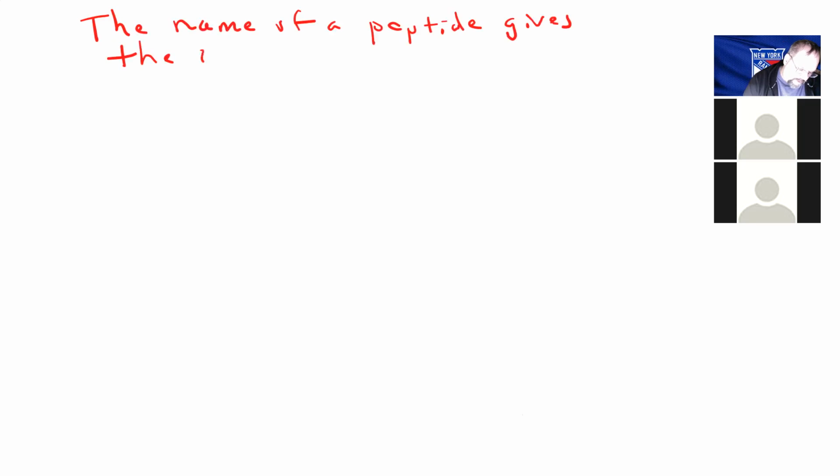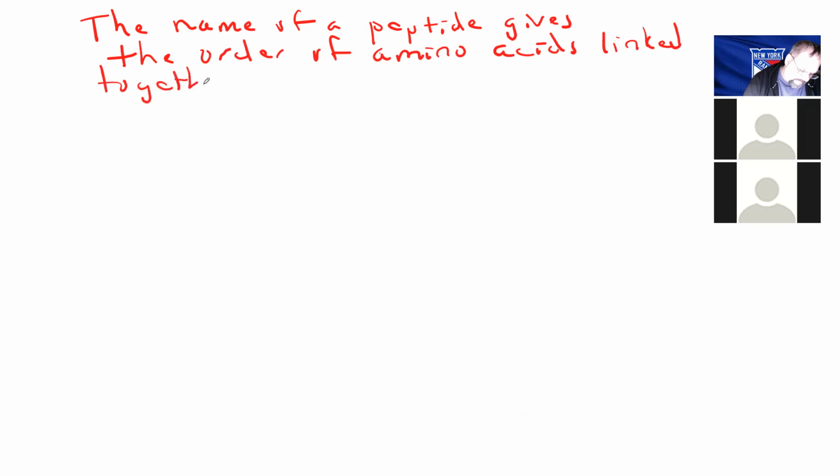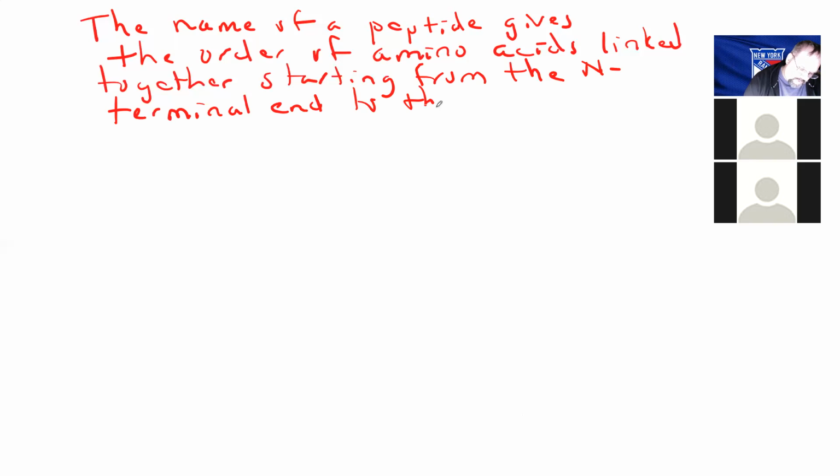Okay. Now, we're not going to ask you how to name peptides, but what I want to be clear about is that the name of a peptide is important because the name of a peptide gives the order of amino acids linked together, starting from the N-terminal end to the C-terminal end.